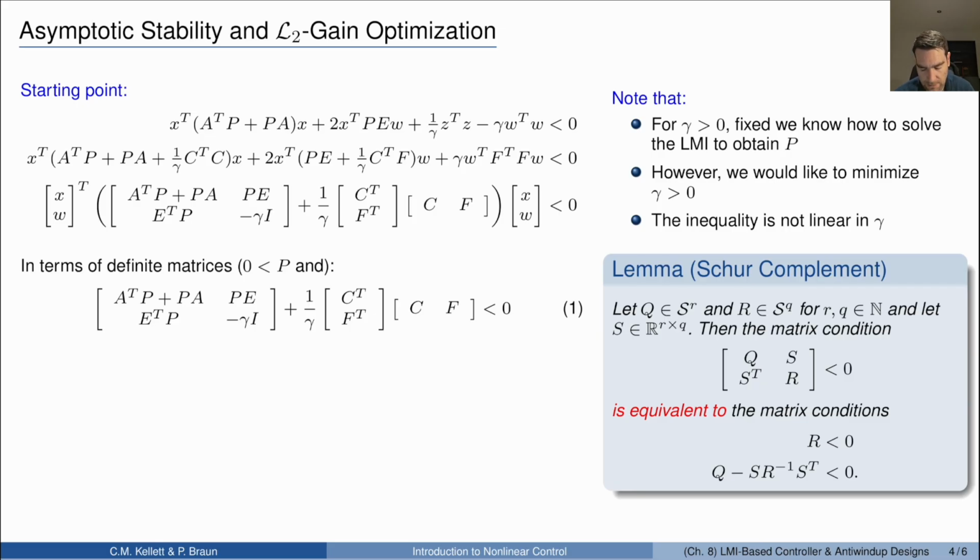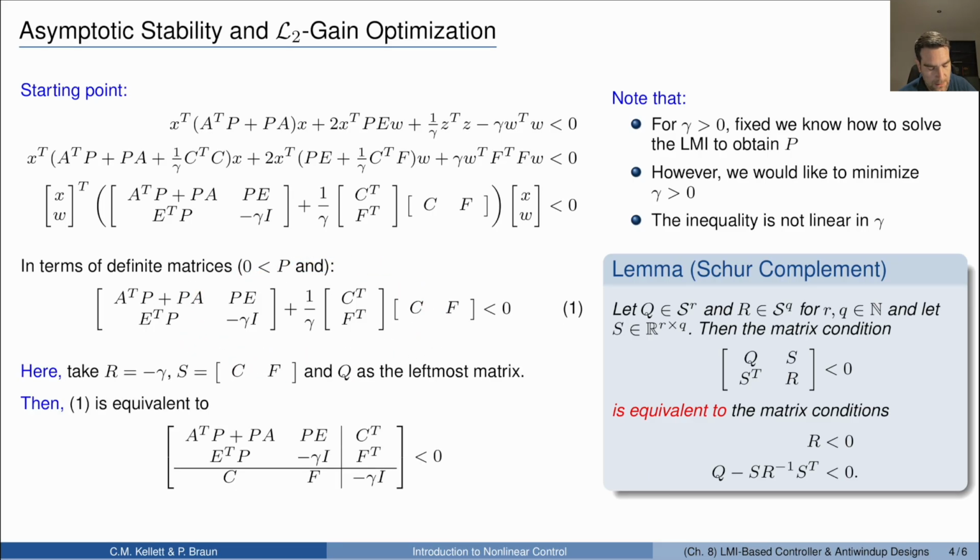Here we also see that R appears once as an unknown R, and then as R inverse, similar to the factor gamma. So we can rewrite the matrix inequality on the left in the following form, taking R equal to minus gamma, summarizing the matrices C and F in this term S, and this allows us to equivalently represent the condition through the condition here, where we additionally assume that gamma is positive, meaning minus gamma equal to R is negative definite.